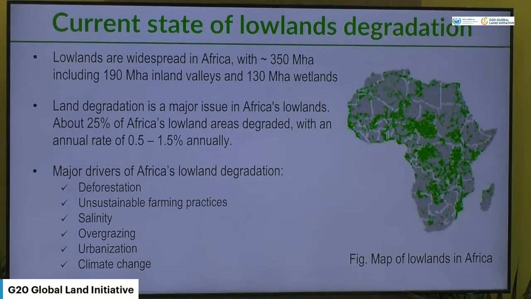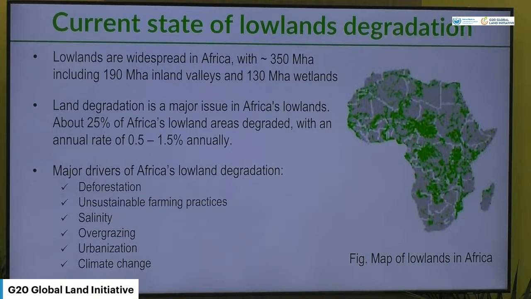The major drivers of lowland degradation in Africa include deforestation, unsustainable farming practices, particularly the use of chemical products like herbicides and fertilizer, salinity, overgrazing, urbanization, and climate change, particularly the increase in temperature that contributes to drying up the lowlands.